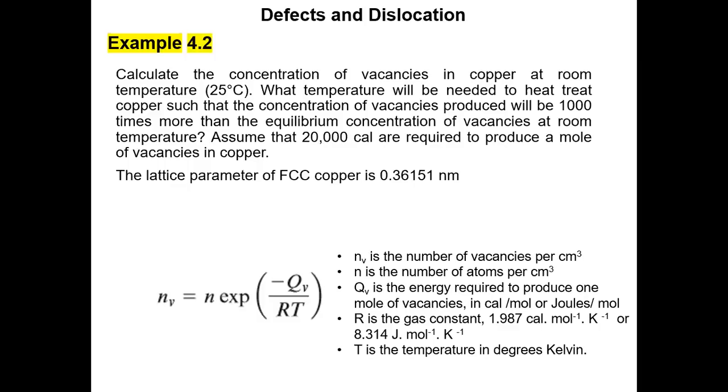This is the length of one side of the cube, so you can get the volume of a cube, that means the unit cell volume. In FCC copper, FCC means face-centered cubic structure. So in a face-centered cubic structure, how many atoms are there in a unit cell? Can you recall?